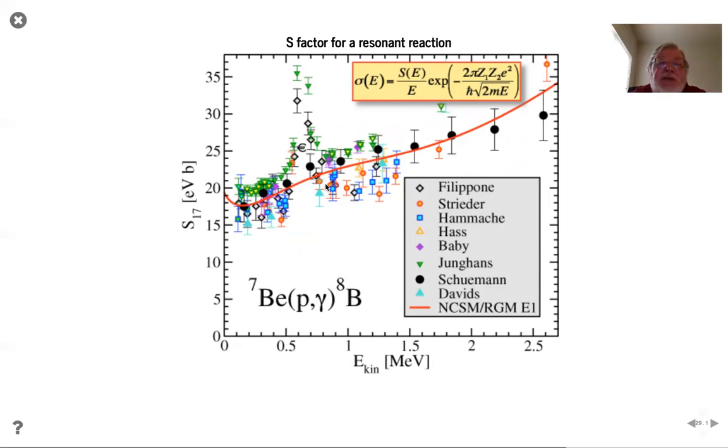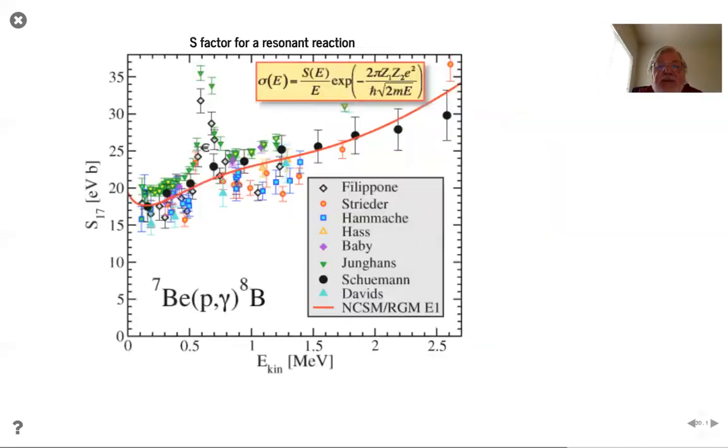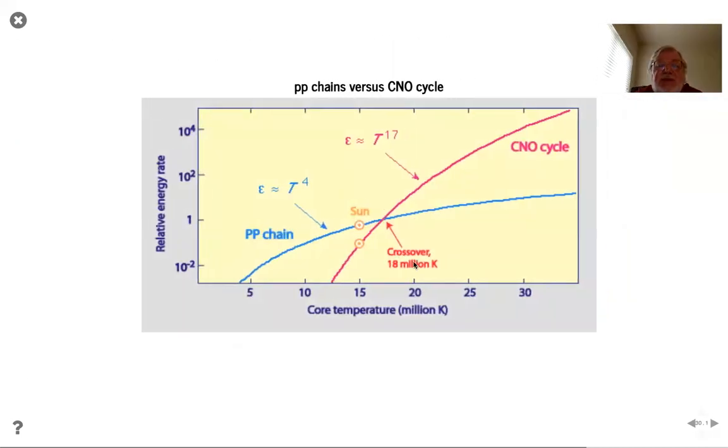Therefore, the presence of resonances in the cross sections of some nuclear reactions, for instance, I mentioned neon-22 (p,gamma), makes some of these reactions go very efficiently at some temperatures, even at low temperatures, if we have a so-called low energy resonance. Okay, so this plot that I promised you shows at which temperature there is a switch from pp chains to the CNO cycle.